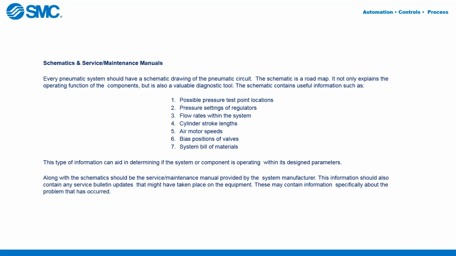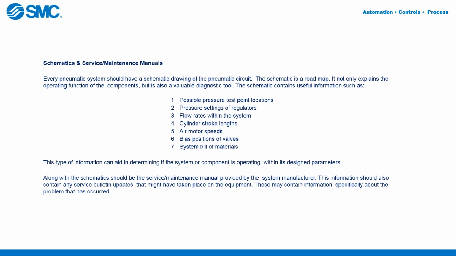And perhaps if it's a more modern machine, it will tell you the setting of the flow control with the dial indicator, what those should be set at. It might give you cylinder stroke lengths, cylinder speeds, air motor speeds, positions of valves at rest, the bill of materials, and the bill of materials should not be overlooked.